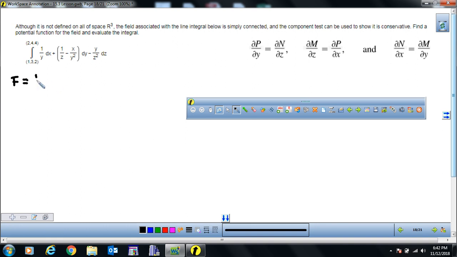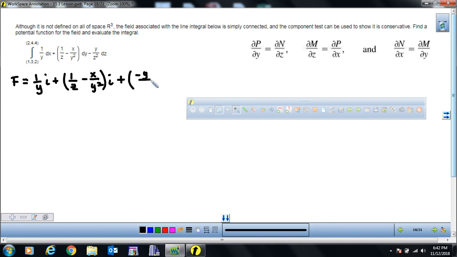So that would be 1 over y i plus 1 over z minus x over y squared j plus negative y over z squared k. This is m, n, and p.